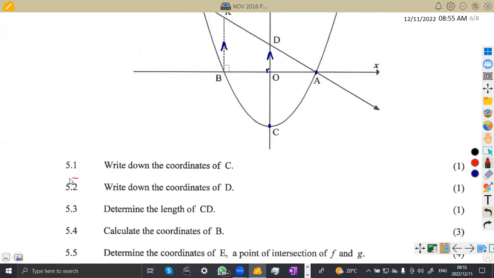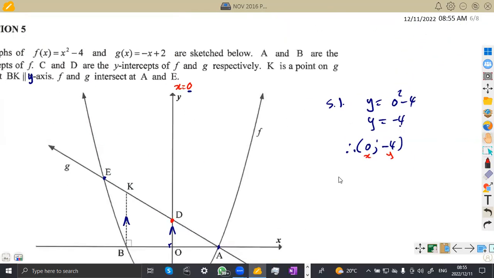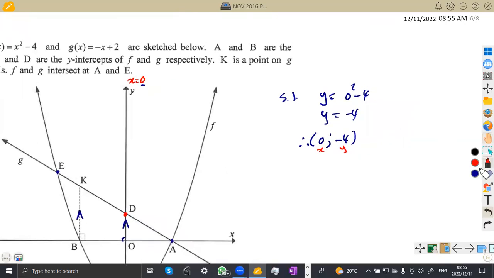Then 5.2, write down the coordinates of D. D again is the y-intercept here. So this is our C here, which we said is negative 4. Then we need D. D is the y-intercept of g, so where x is equal to 0 again. So we're just going to substitute into g of x the value of x. So y is going to be equal to 0 plus 2, so y is going to be 2.